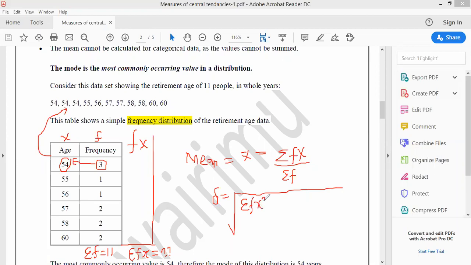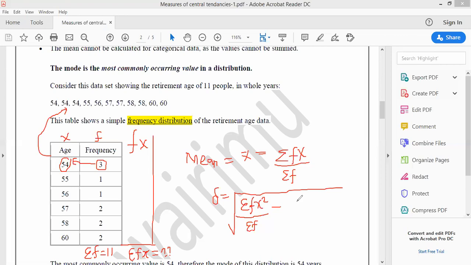For each data variable, you square, then you multiply by the corresponding frequency. You divide this by the sum of the frequencies, in other words, the number of observations.